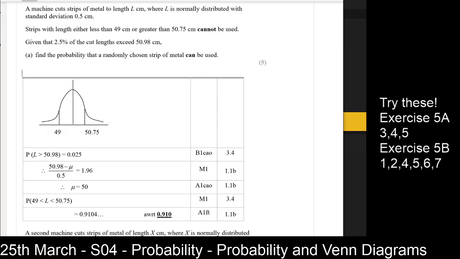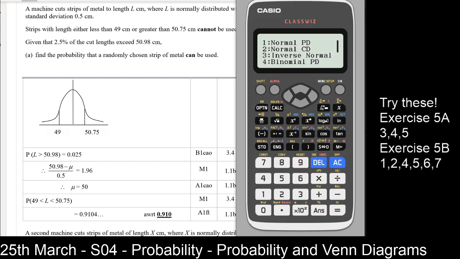So firstly, we notice that we haven't got the mean, so we need to find that first. Now we look at the fact that we're given that 2.5% of the cut lengths exceed 50.98, and that would be, if you look at the mark scheme there, 0.025.